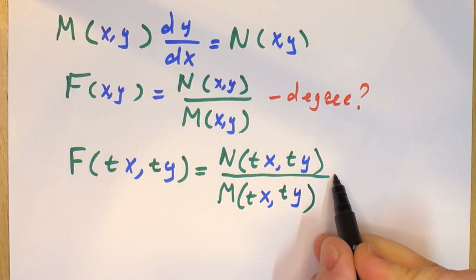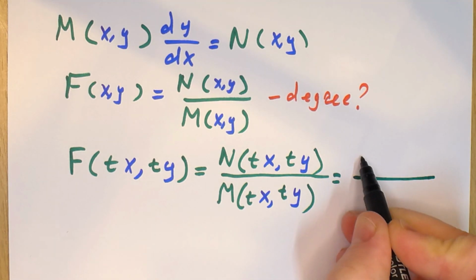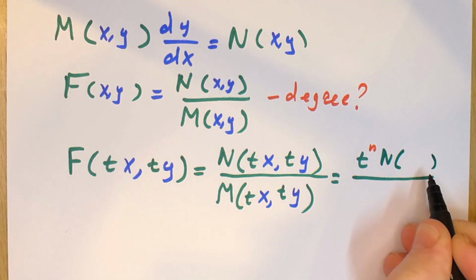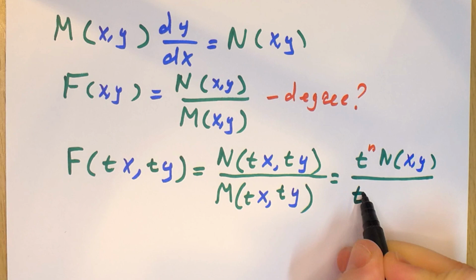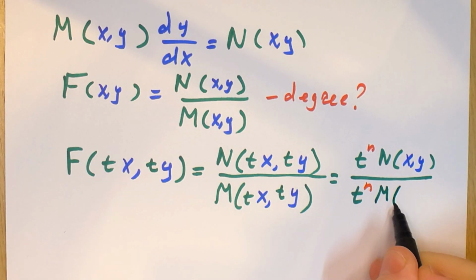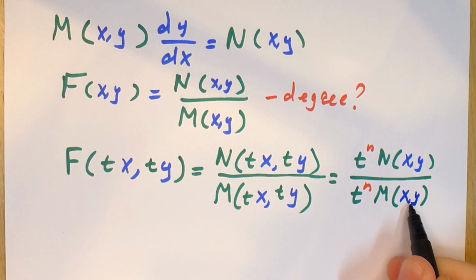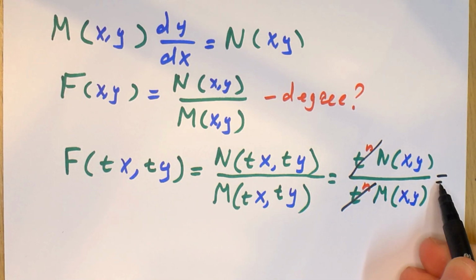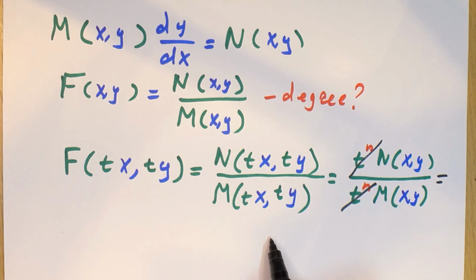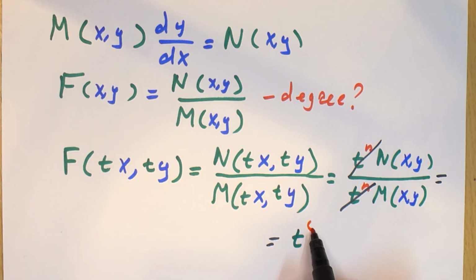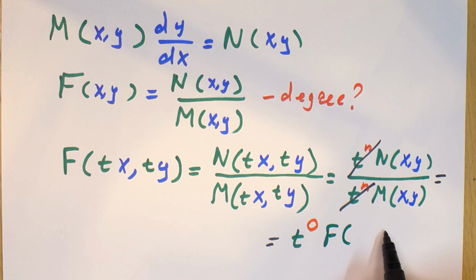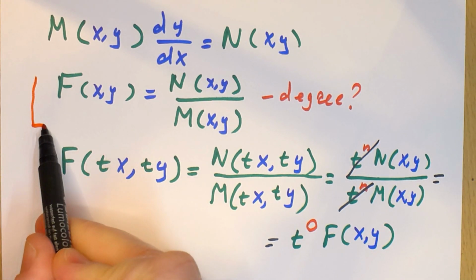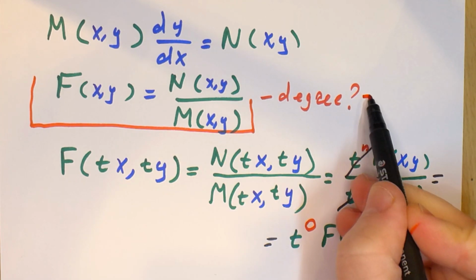And by the definition of the degree of the function, this is equal to t to the power n multiplied by N(x, y) divided by t to the power n times M(x, y). And we can cancel t to the power n and write that it's equal to t to the power 0 multiplied by the function f(x, y). So this function f should have degree equal to 0.